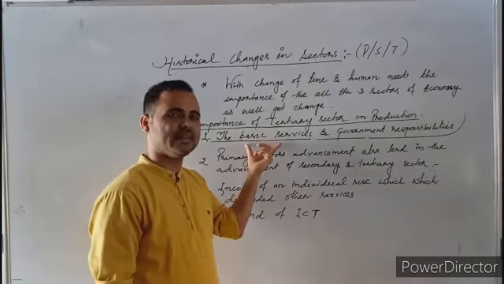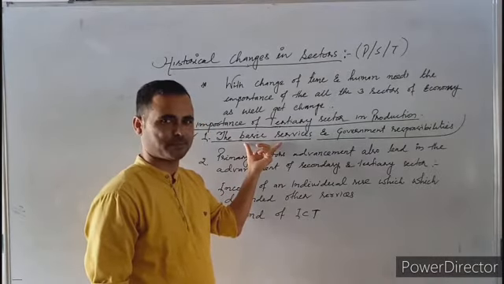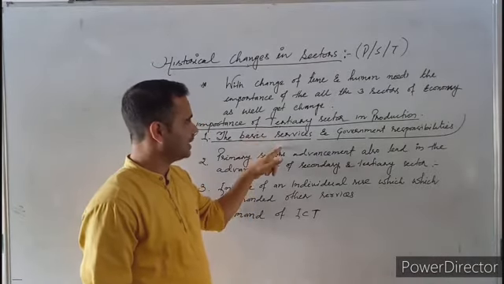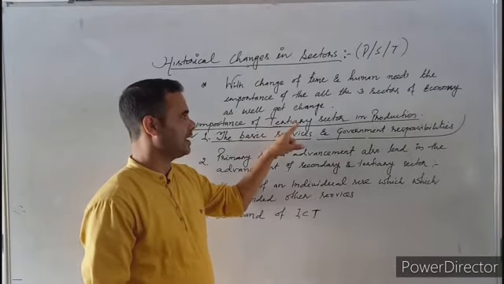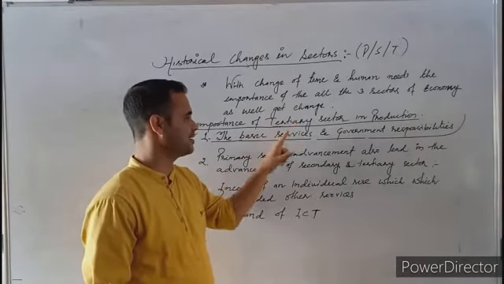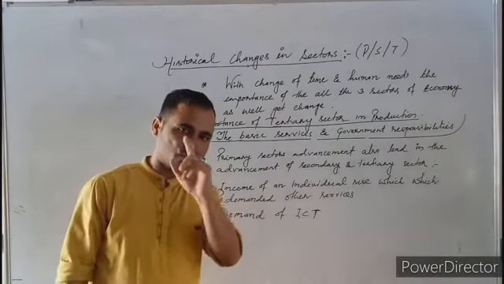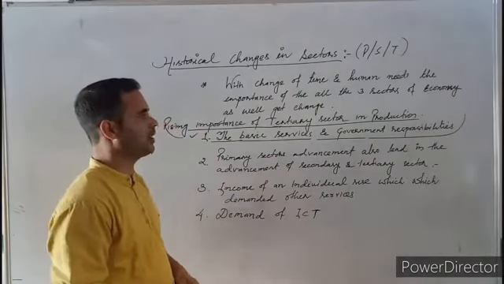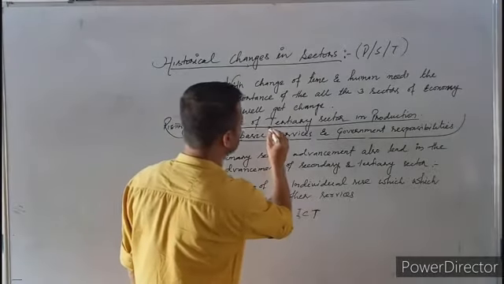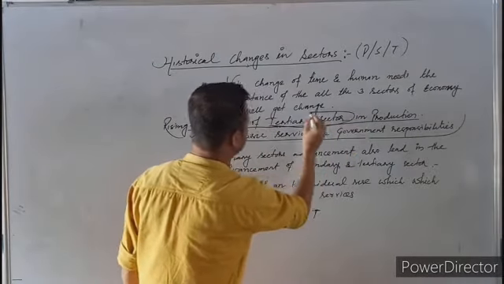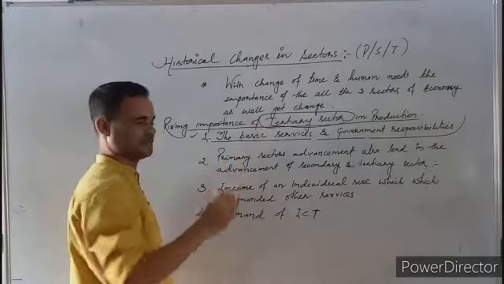Now to provide them these facilities, do you think without expanding the tertiary sector it is possible? It is not possible. So this is one of the most important points why we need to expand the tertiary sector and what is its importance.